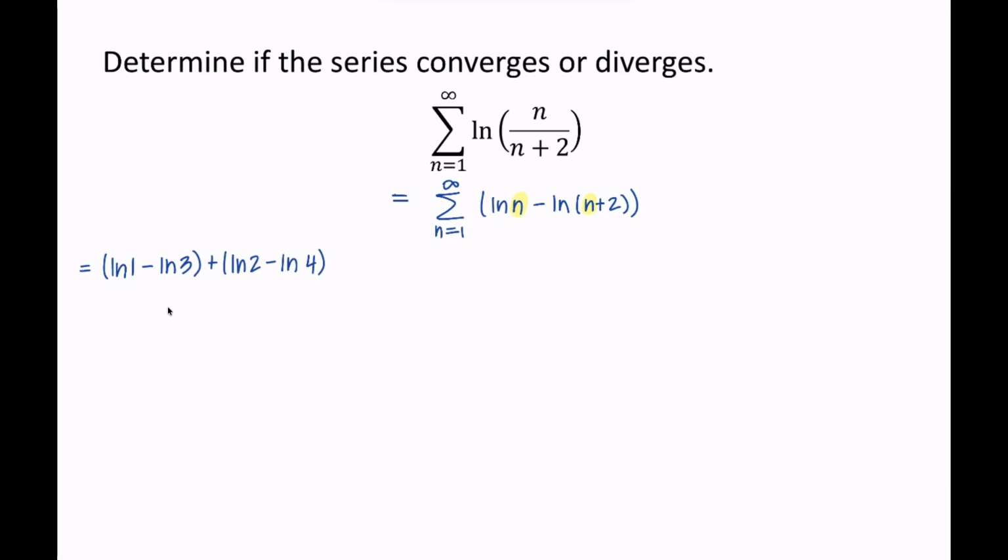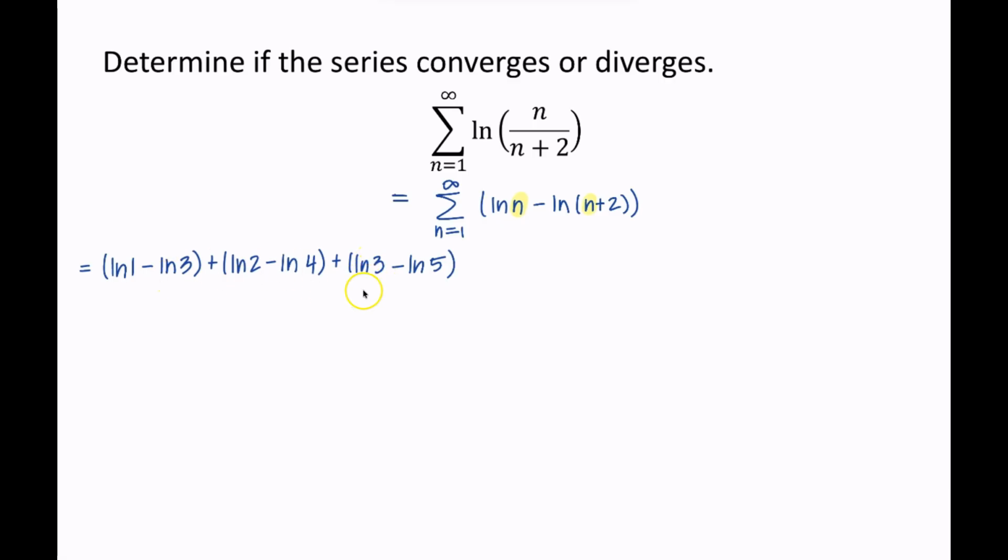If we substitute in 3 next, we're going to have plus natural log of 3 minus natural log of 5. Okay, so I do start to see my first set of canceling terms. I have negative natural log of 3 as the second piece in the first term, and then plus natural log of 3, that's the first piece in the last term.